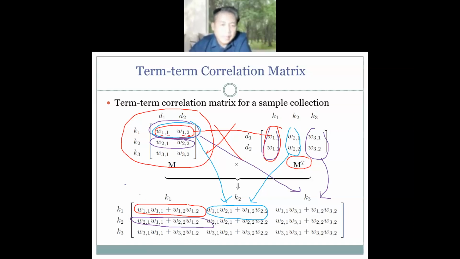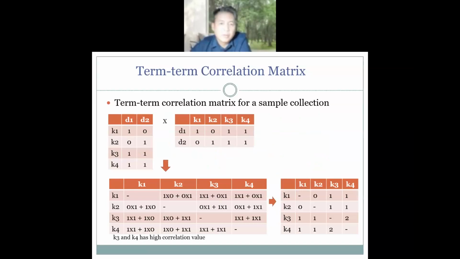Once you have this matrix, you find the highest value in it. That highest value indicates that the two keywords are highly correlated. For example, here we are saying that keyword 1 exists in document 1 and so on.